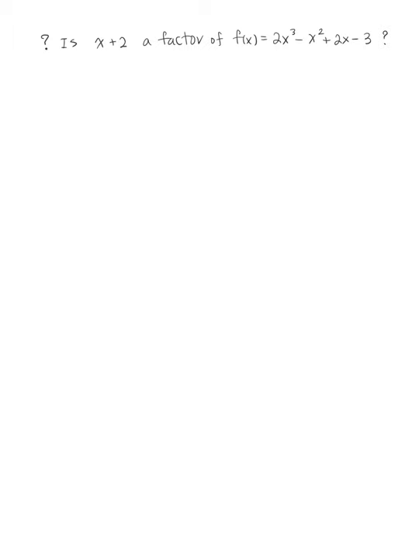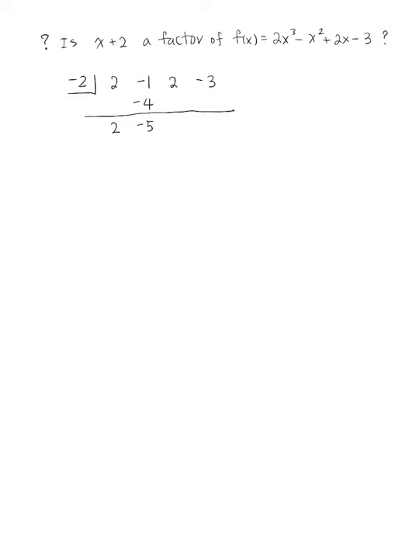All right, so let's go. So here our c is going to be negative 2, right? And then let me just write down the coefficients. So you got a 2, negative 1, and then 2 and a negative 3. So I'm going to draw the line, drop down the first number, and then you multiply 2 times negative 2, so you get a negative 4, add, negative 5.